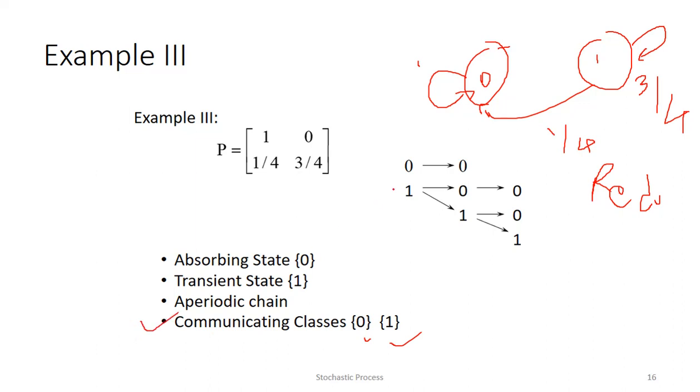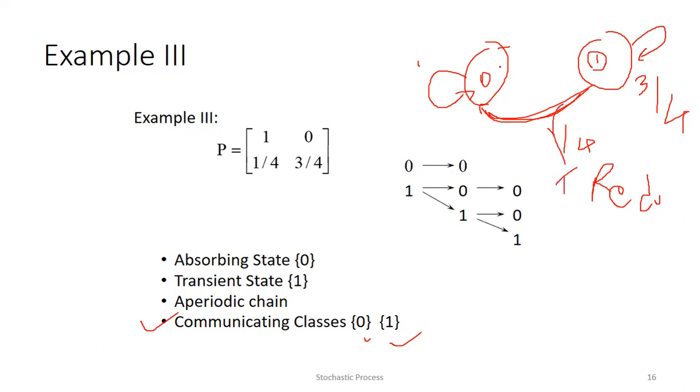Now we can check for transient or persistent. Take the class of 1: here 1 is going to 0, but there is no return to this class, so it is transient.